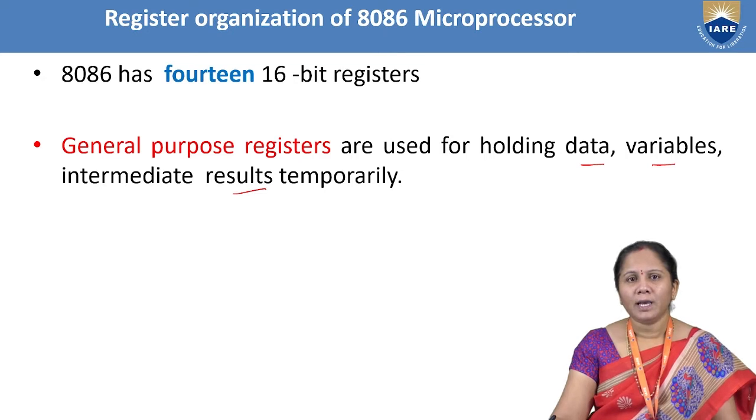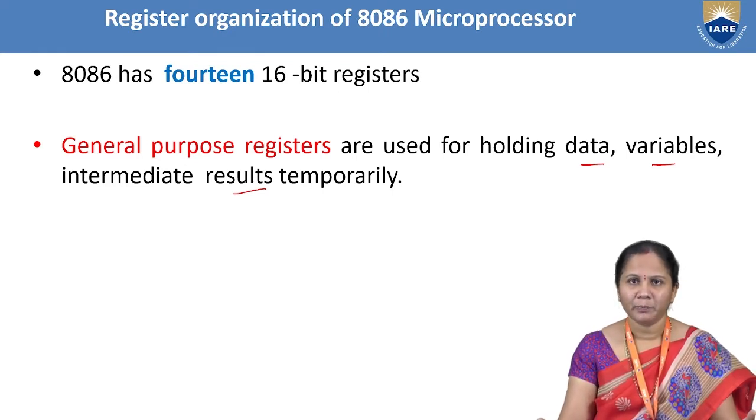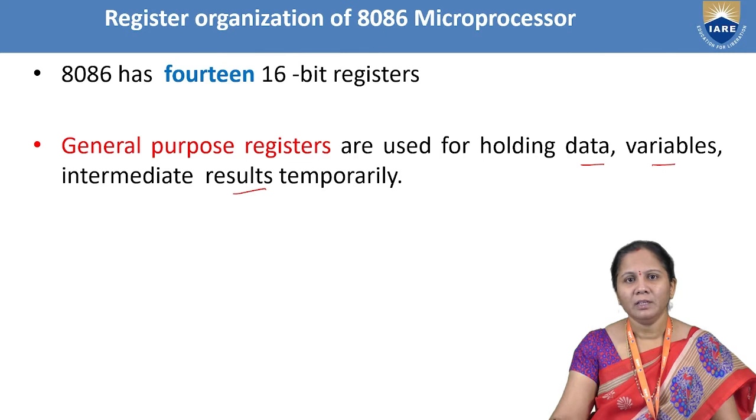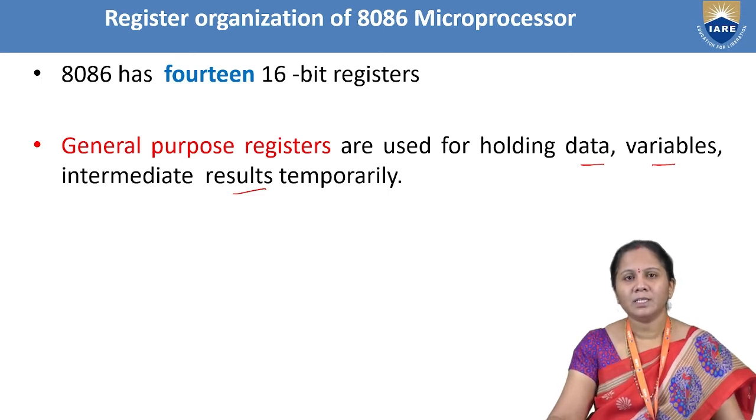We call a register a general purpose register if that register is capable of holding the data, variables and also the intermediate results temporarily. For example, the register AX, that is accumulator, BX register, which is called base register, CX register, which is called counter register, DX register, which we call a data register or extended accumulator.